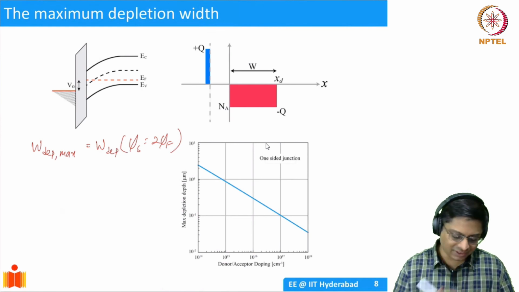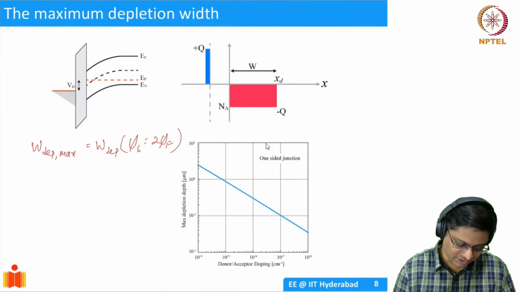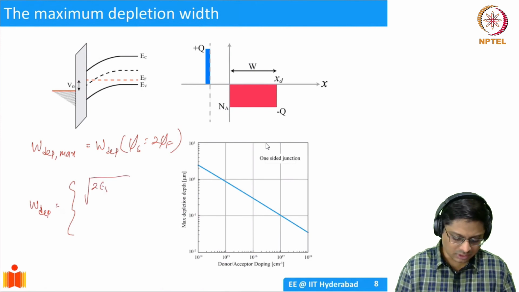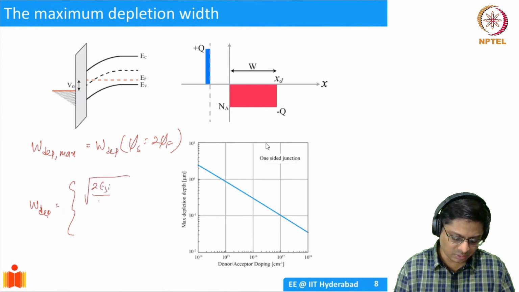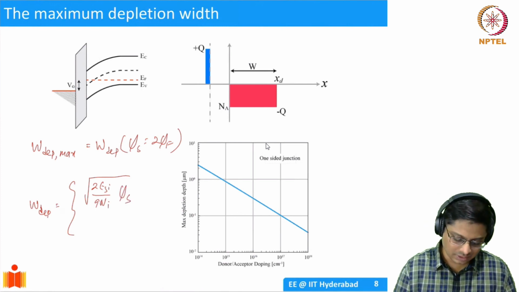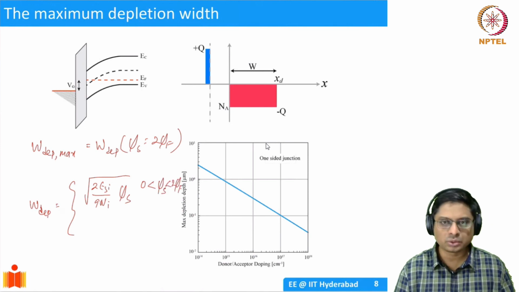Okay. So the way to calculate that would be, we have seen this expression. W depletion equals the square root of 2 epsilon silicon divided by q N_A times phi s, for phi s in the range 0 to 2 phi f.